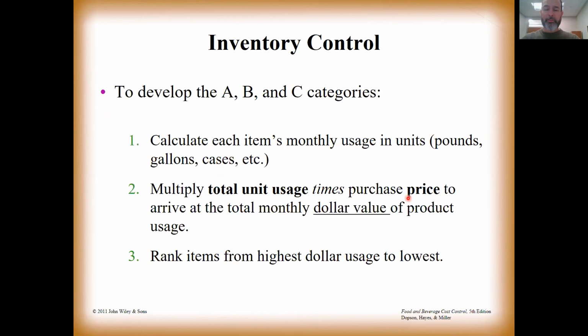This is what we do when we're extending prices. And that will give us the dollar value of the product. Then we're going to take all those products and rank them from highest amount to lowest amount. So the ones that have the higher dollar value will be at the top, and the ones that have the lower dollar value will be at the bottom of the list.